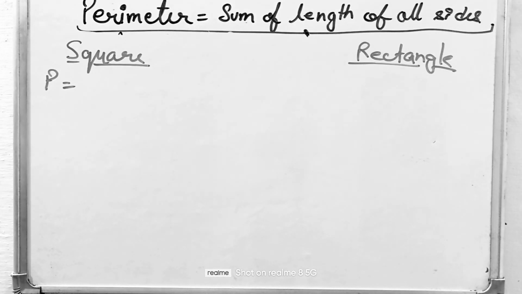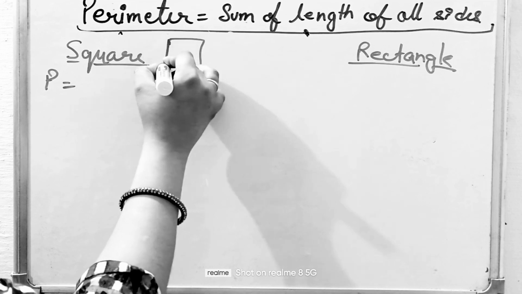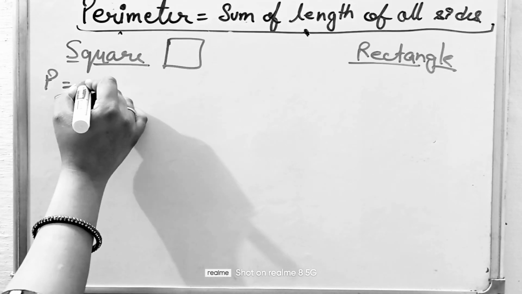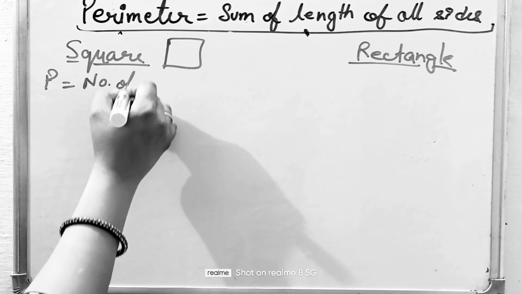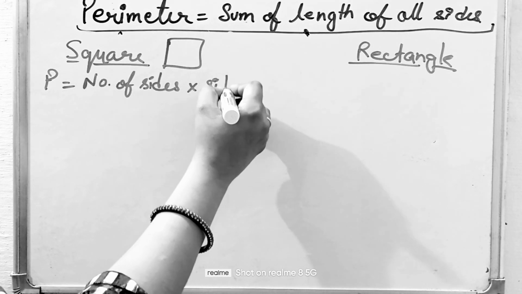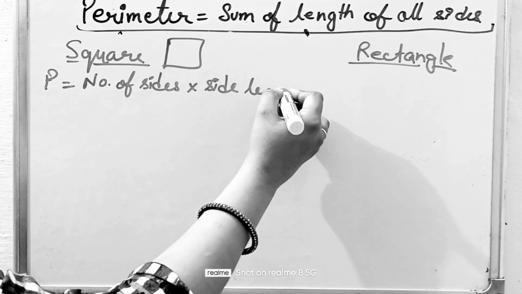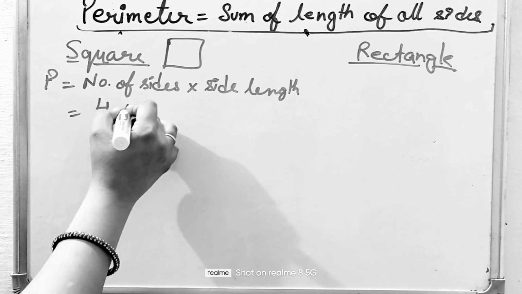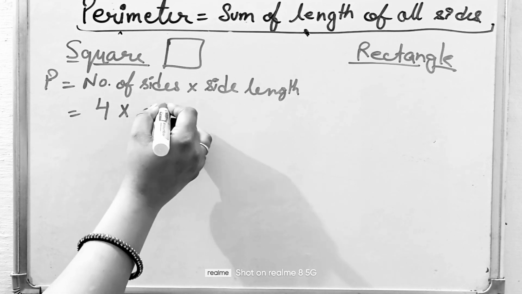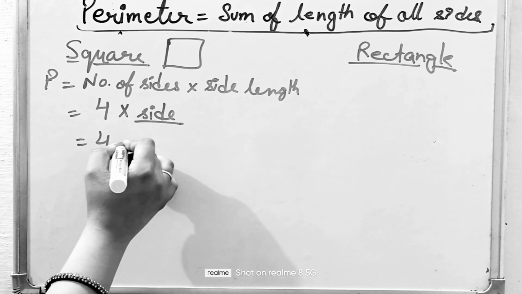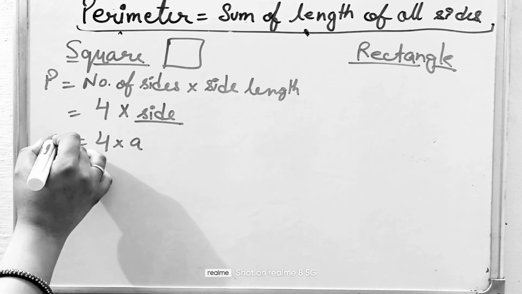So two formulas can be derived from this general formula. For square, we know that square is a regular shape because it has all sides equal in length. So this is a regular one. We can directly write number of sides multiplied with side length. Right? So the number of sides is 4 and it is multiplied with side, or you can give a name to this side as A or X, whatever you like.